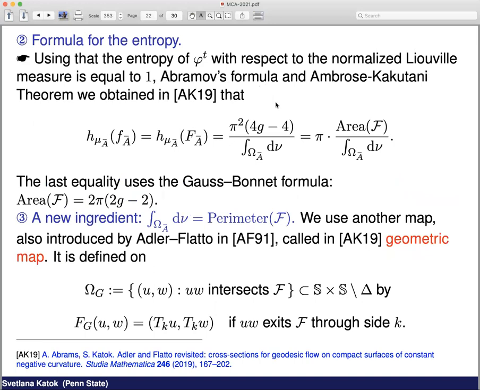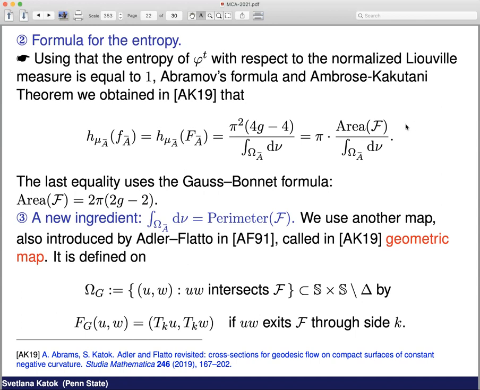Okay. Now, how do we get the formula for the entropy? It follows from Abramov's formula and Ambrose-Kakutani. This is very standard, used many times in the literature. In particular, we used it in the 2019 paper. We didn't invent it.